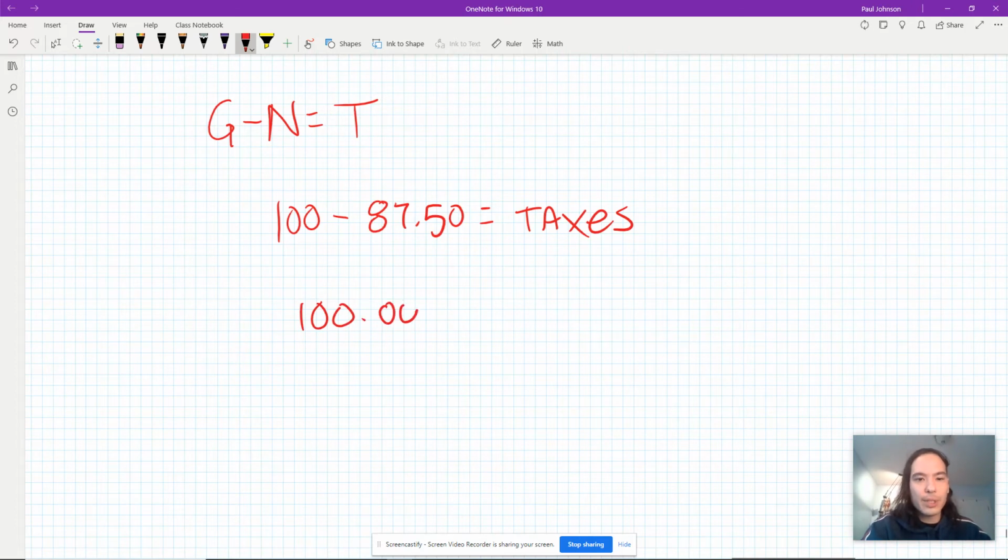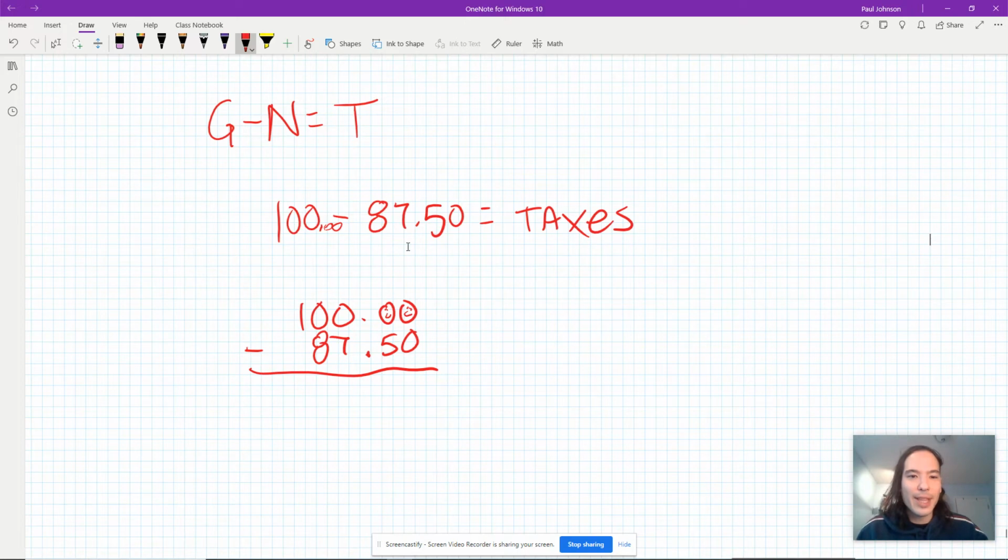If we wanted to do this problem, we would definitely want to line up our decimal points, line up our place values. Did you see how I added emoji zeros to 100? Don't forget, there's a decimal point and 2 zeros following that. All right, that's $100.00. This is $87.50. So if I'm doing subtraction, this can help me.